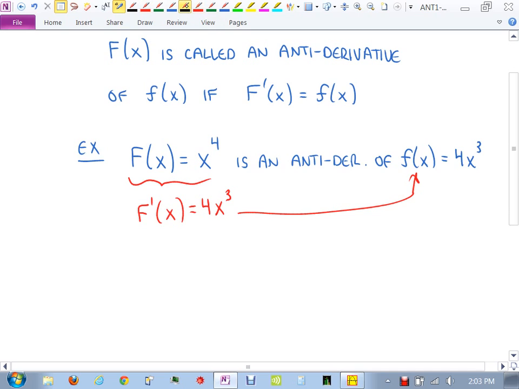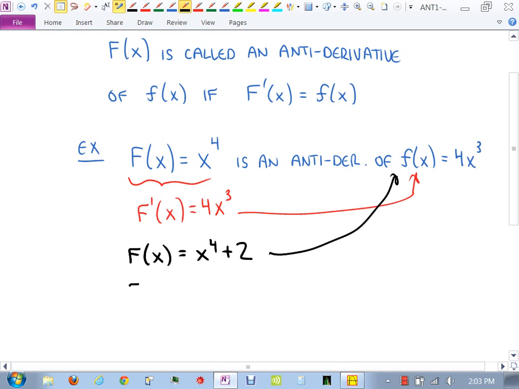Well, what about this then? Capital F of x equals x to the fourth plus 2. Is that an antiderivative of this? It is also, isn't it? Because when I take the derivative of x to the fourth plus 2, the derivative of 2 is 0, and that still gives me 4x cubed.